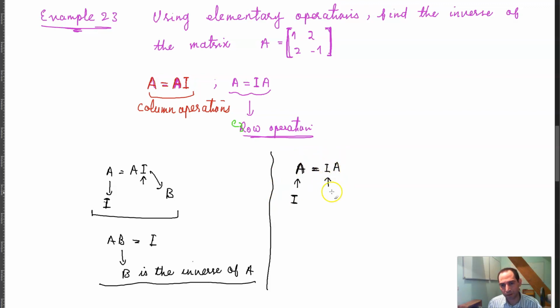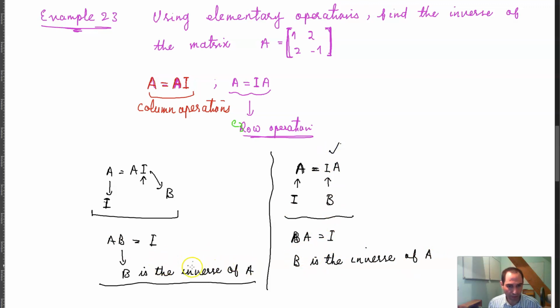Then this matrix I becomes some other matrix, for example, B. You can think of this equation as B times A is equal to I, and therefore you can say that B is the inverse of A. That way you have found the inverse of A in this case, and in this case. That's basically the whole story here.